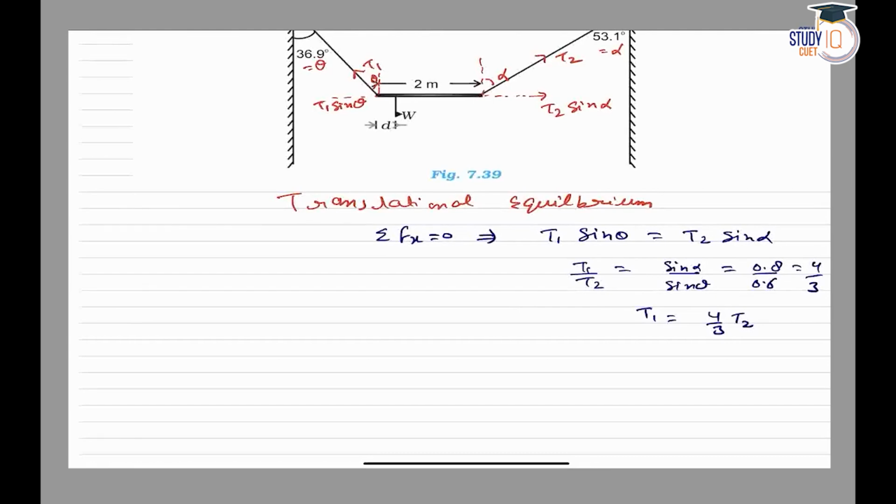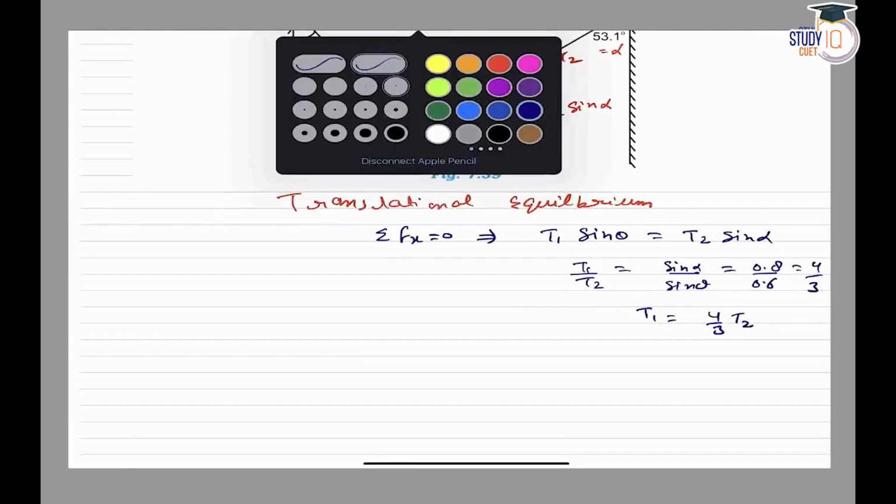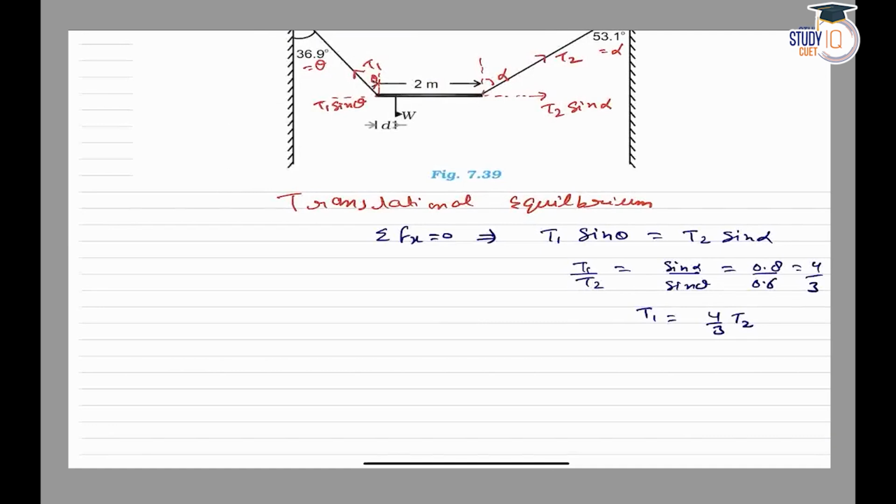Now another condition which we can apply is the condition of rotational equilibrium. Rotational equilibrium means the torque about any point must be 0.